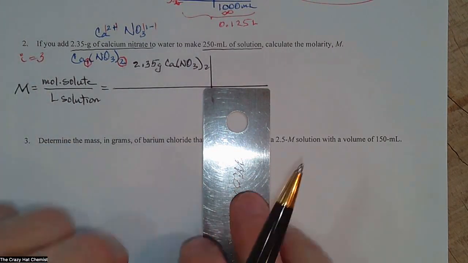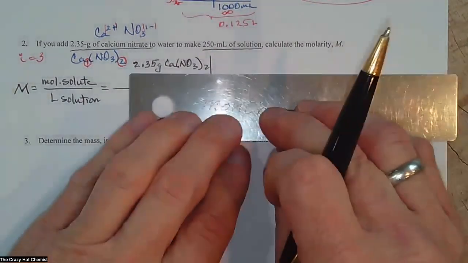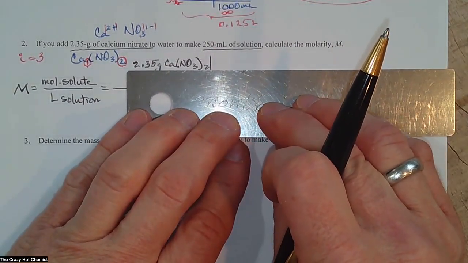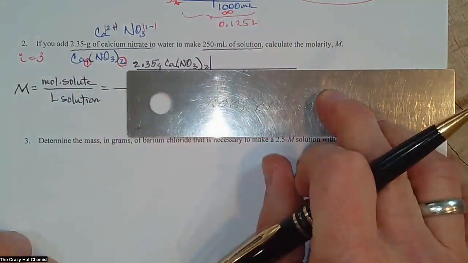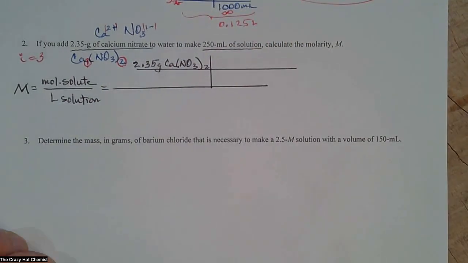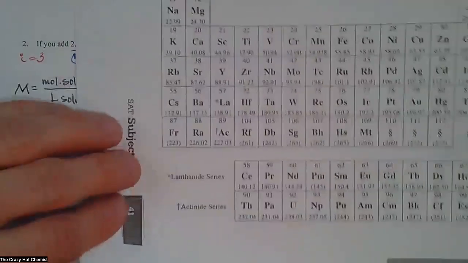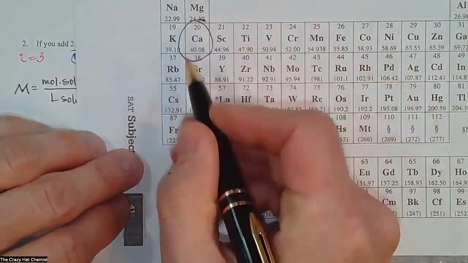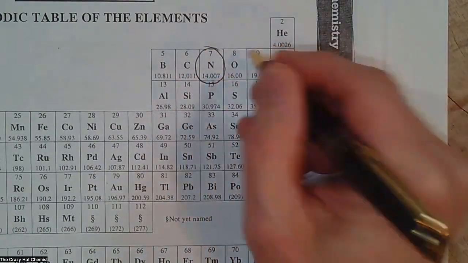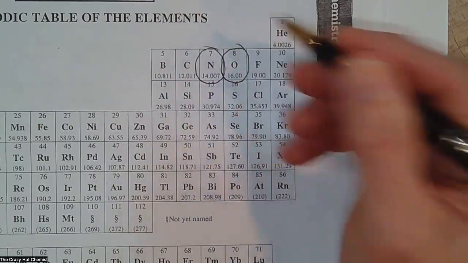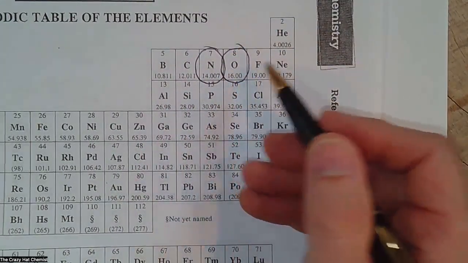All right, and so then what we are going to do is convert these grams into moles. This is using our periodic table that I had aforementioned. Here's our periodic table. We're going to find calcium and its molar mass, and that's 40.08. We're going to find nitrogen, its molar mass is 14.007. We're going to find oxygen, and its molar mass is 16.00.